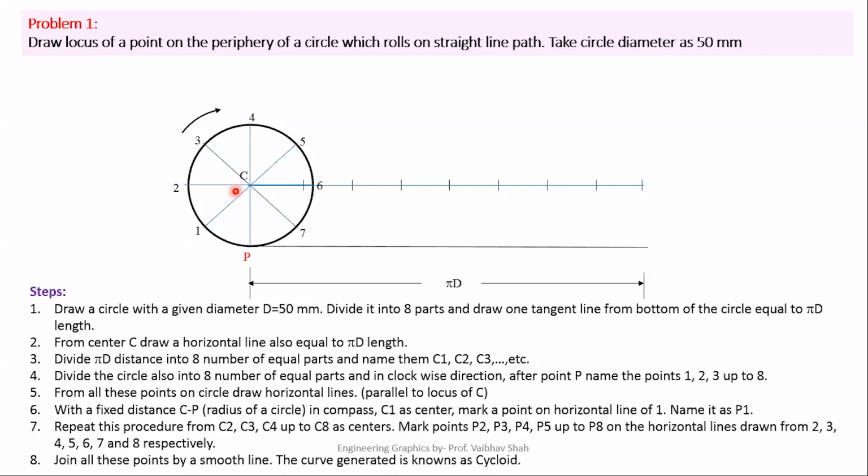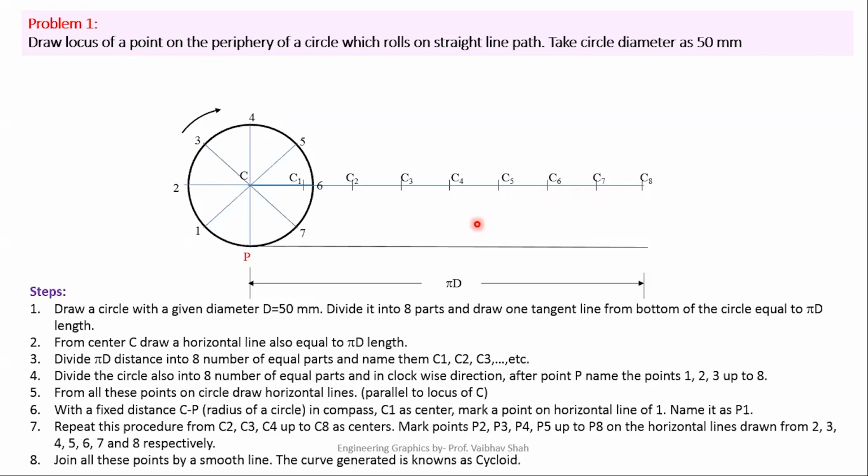And finally is your center C0. You can call it C or C0. After that, let us give the numbering to these centers: C1, C2, C3, C4, C5, C6, C7, and C8.